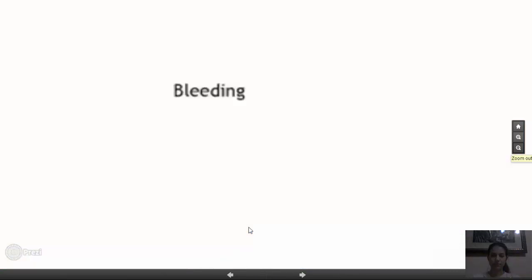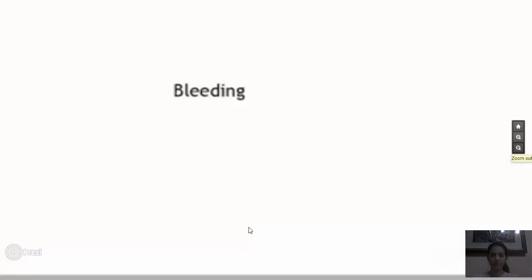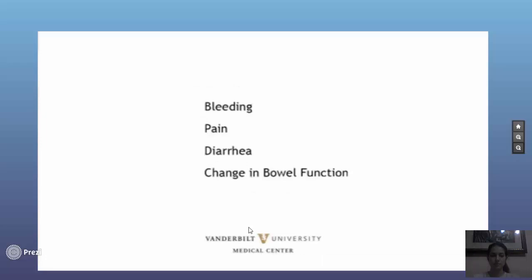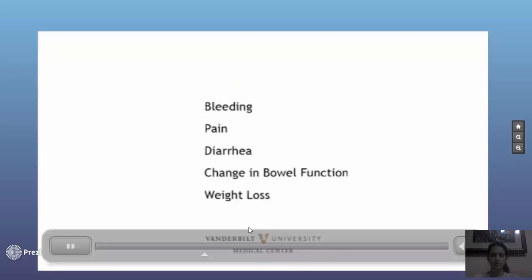When patients develop symptoms from colon or rectal cancer, they can develop bleeding, pain, diarrhea or change in bowel function, and weight loss.